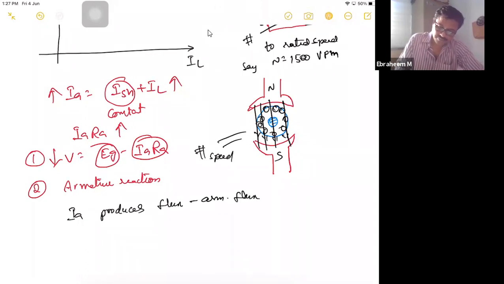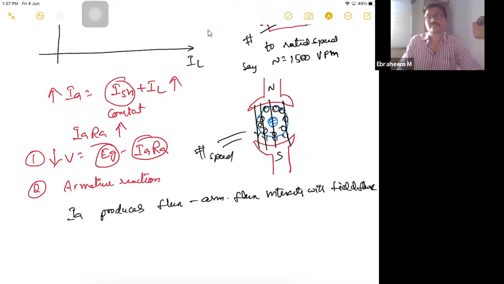This armature flux interacts with the field flux. It will be in the opposite direction. It distorts and demagnetizes the field flux, disturbing the flux produced by the field.